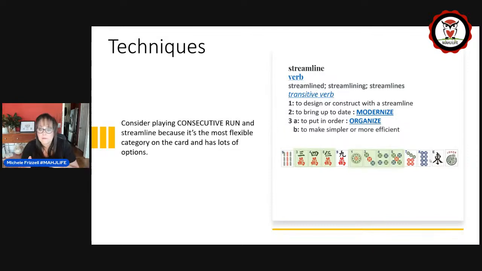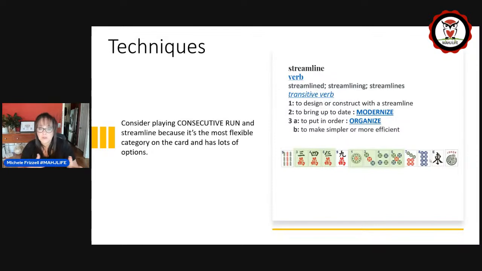By streamlining with consecutive run, you give yourself the most options because of the number of tiles, the number of suits, and the number of hands. All those together allow you to streamline. You can go up or down the range, and you also have 3 suits to work with. So consider consecutive run. Some of the advice I have for consecutive run is when you have a particular hand that's strong in 2 different categories.